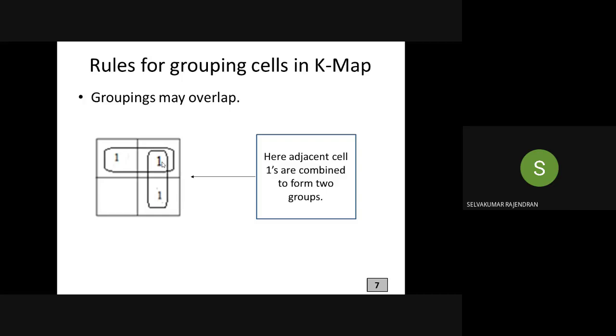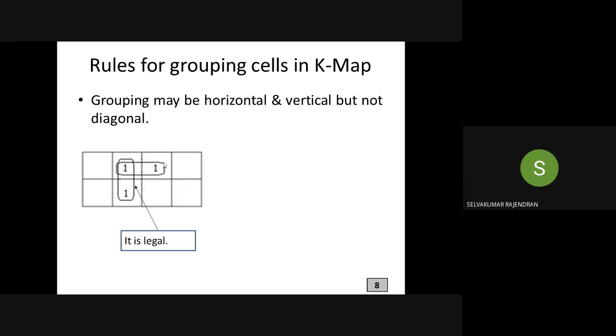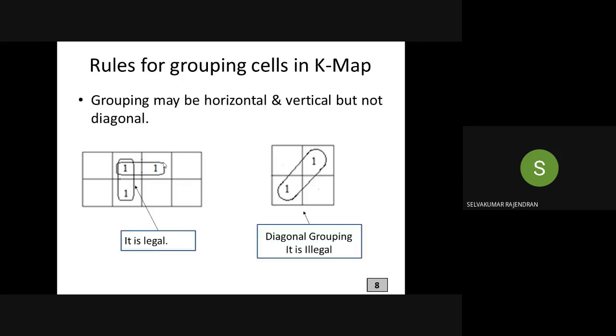Overlapping in a K-map is allowed while grouping the ones. Grouping may be horizontal and vertical, but not diagonal. As I already told, while grouping the ones, you can group horizontal ones or vertical ones, but not diagonal. Diagonal grouping is illegal in a K-map.